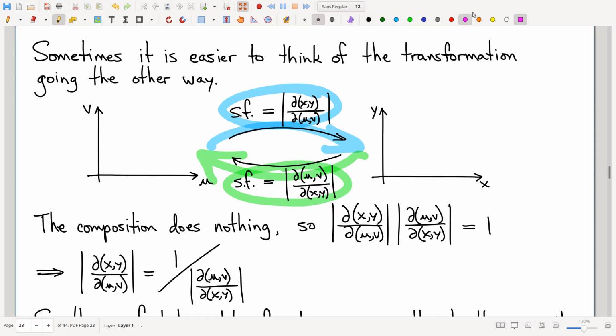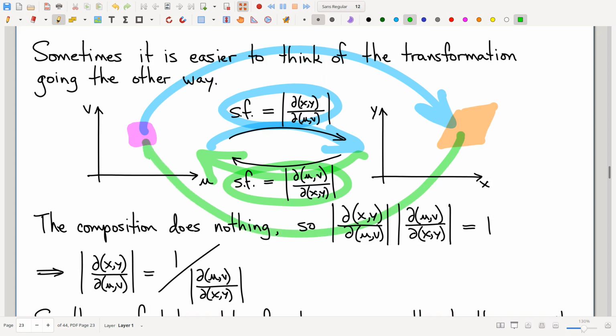If I have some little piece of area over here in the UV plane, and I take that and see what it turns into over here in the XY plane, and then see what that turns into back in the UV plane, it's going to turn right back into exactly what it had been. Right? So whatever area I have here, if I move over here and then come right back, I get the exact same thing.